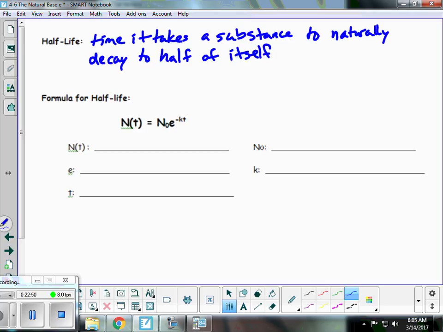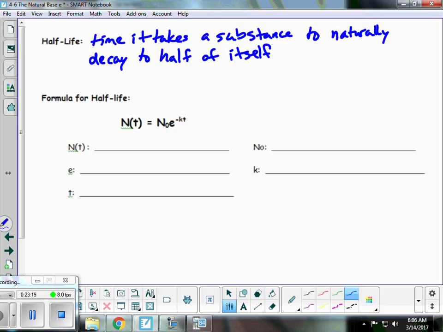So like if there are 100 grams of this substance, it would naturally decay, and this half-life is the time it would take for it to become 50 grams of that same stuff. This happens a lot with unstable compounds and elements. I'm sure you might learn about this in chemistry class.